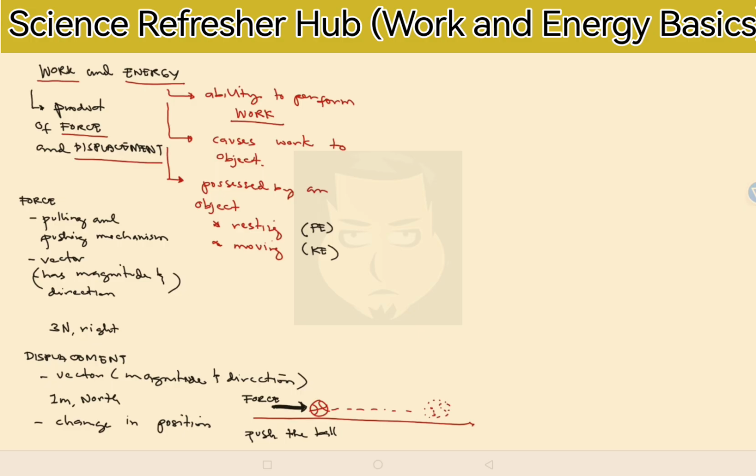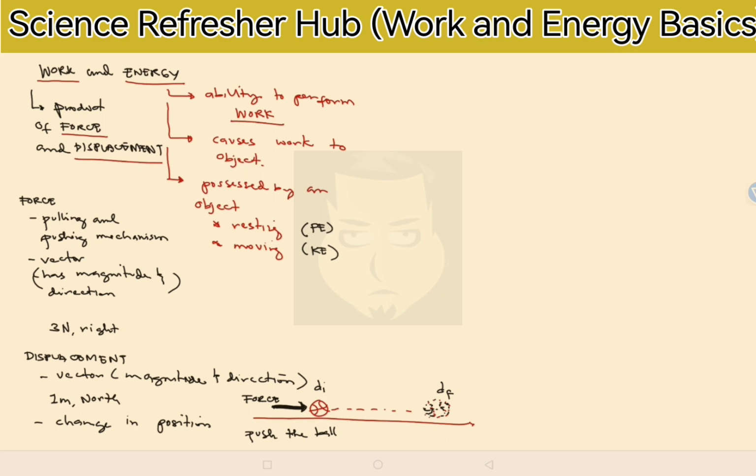Remember, force causes acceleration. So when you apply force, the ball will move or accelerate. So we can have a change in position. So the starting point, we call it the initial displacement, and then the final position of the ball after some force being applied is our final displacement.